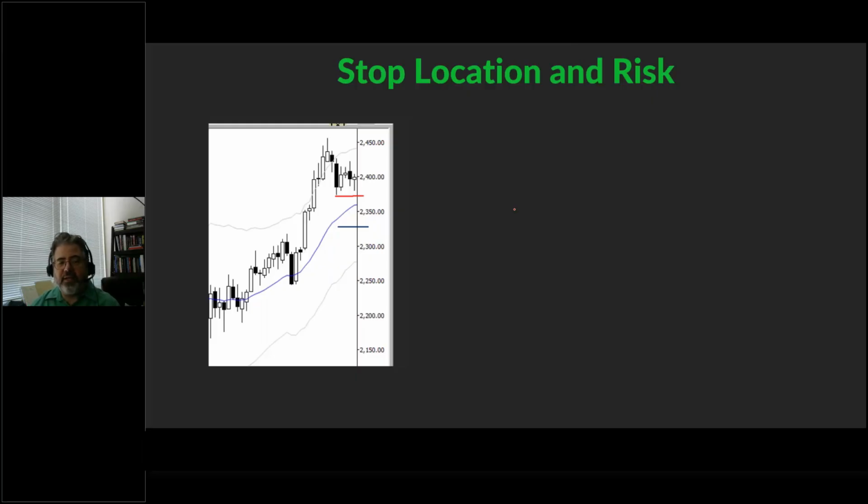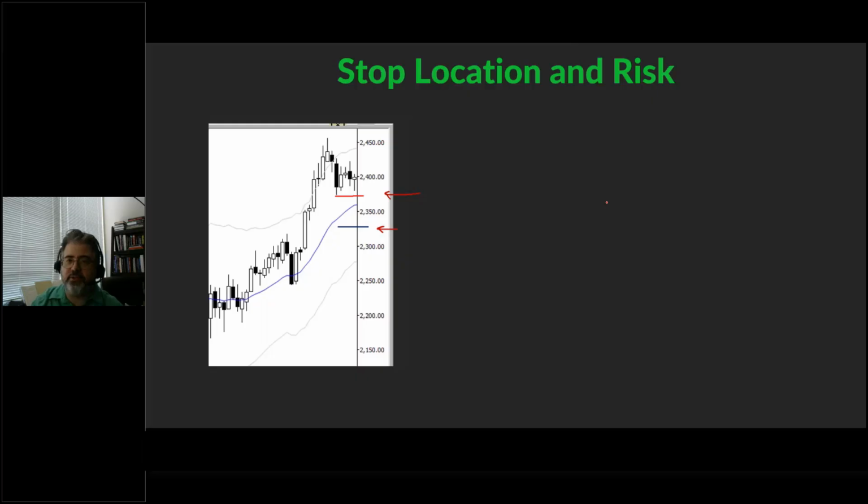However, the key here is if you're normalizing for position size, then you're going to discover that this red stop is going to be hit a lot more often than the stop here. Enough that in many, many cases, and people seem to be completely unaware of this, a very close stop actually carries higher risk.